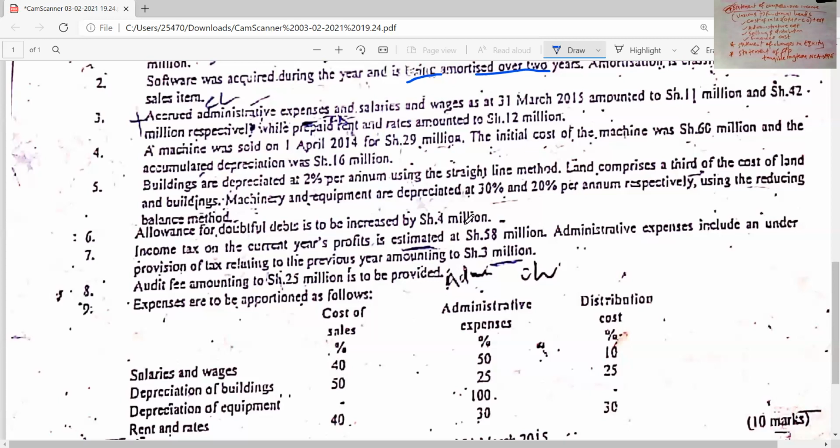Remember that when we talk about allowance for doubtful debts, let me give you an example. If you go to any financial institution for a loan, like a bank, once they give you a certain amount, let's say 10 million, the bank will use various models.